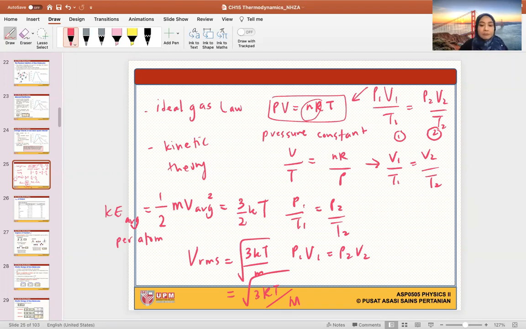Big M is molar mass. Small m is just the mass per molecule or per particle. It's a huge difference, so please don't get confused on that one. So that is what we have learned so far: ideal gas, kinetic theory, and the equation 1/2 m v average squared equals 3/2 kT.